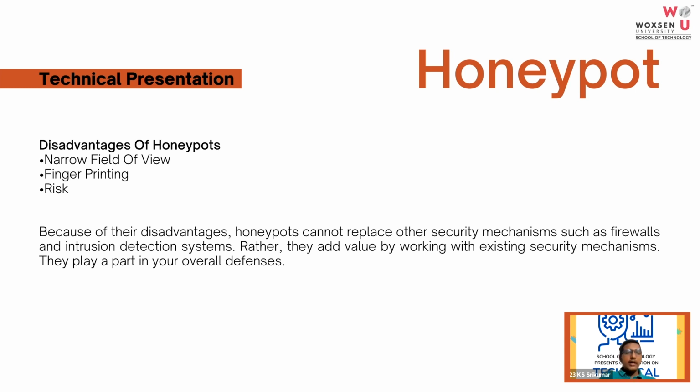Another disadvantage is fingerprinting. What fingerprinting means is that honeypots do not exactly replicate the code. There are a few flaws in honeypot codes. Sometimes in HTML code, if you want to type print, it will type a spelling mistake such as PNRIT or something like that. So when a hacker gets to know about this, he will know that this is a honeypot.